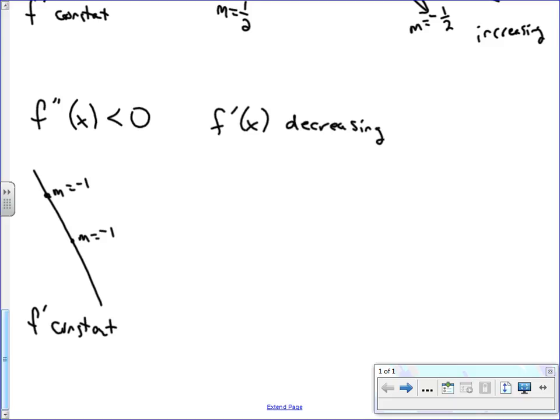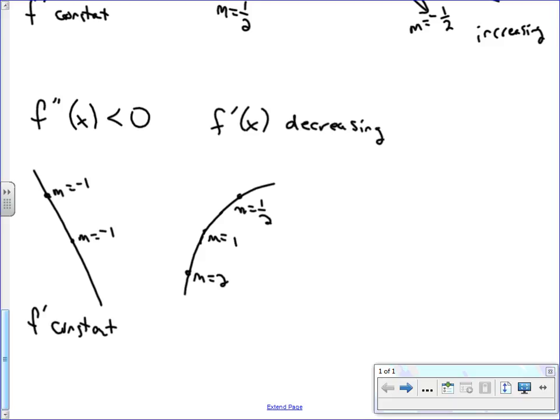Now draw me a section of the graph where as you move to the right, the slope gets smaller than it was. You want to start steep and get less steep as you move up. It looks like this. So, for example, the slope might be 2, it might be 1, there's 1/2.